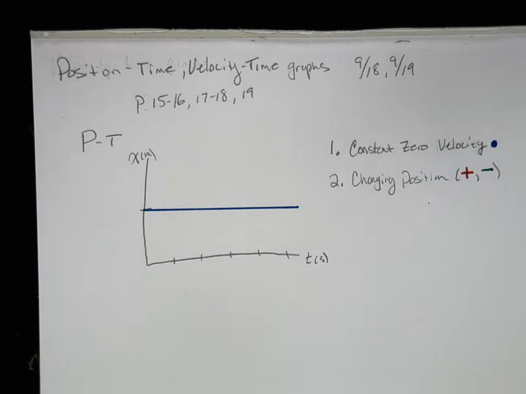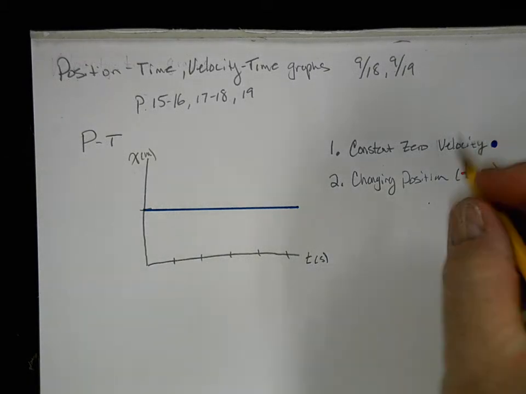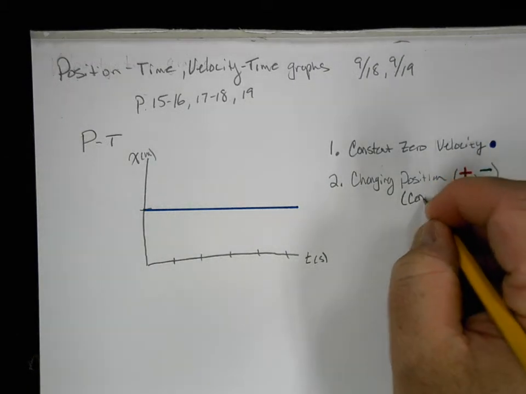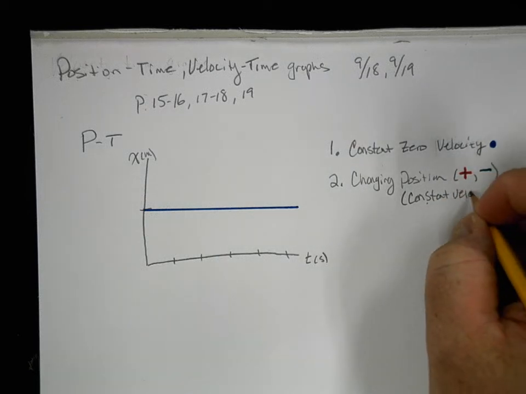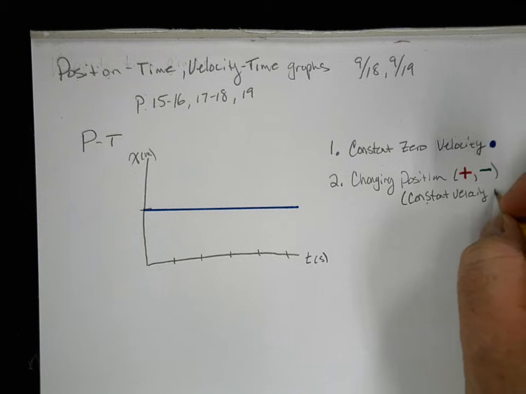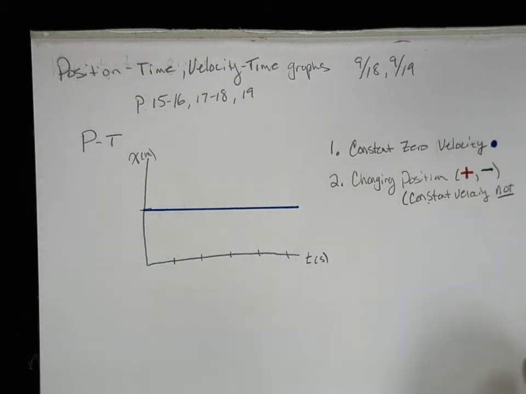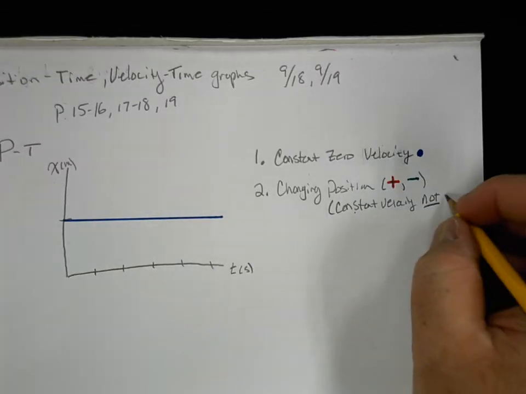So we have a changing position, but this is a changing position with constant velocity that is not 0.